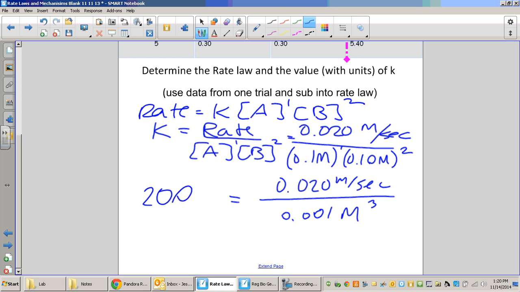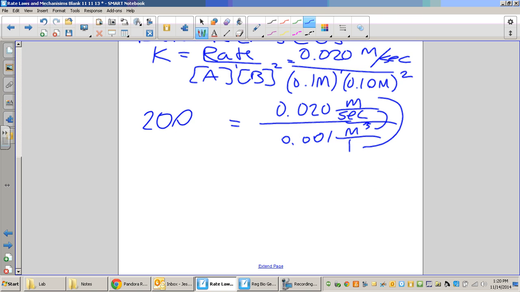I'm going to write your units as two individual fractions, just to be clear on the first one. Molarity per second, and then this was molarity cubed over 1. So then these go together, and these go together, right? And so this is 200.